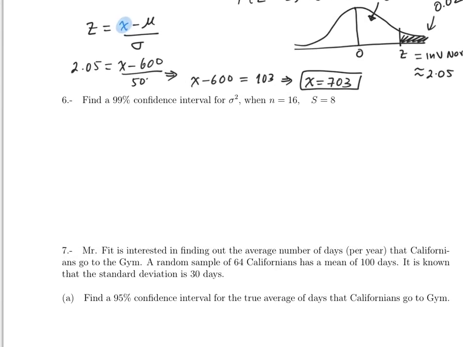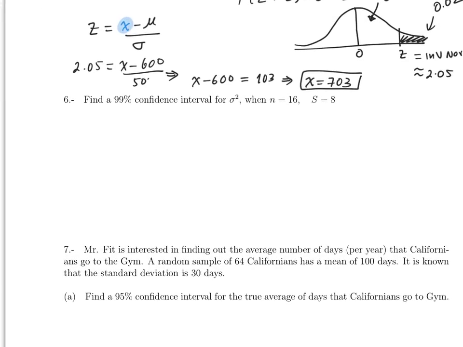Question number 6 is asking you to find a 99% confidence interval for sigma squared when n is 16 and s is 8. So here we have alpha is 0.01. So the first step, you need to figure out how much is chi-squared, right?